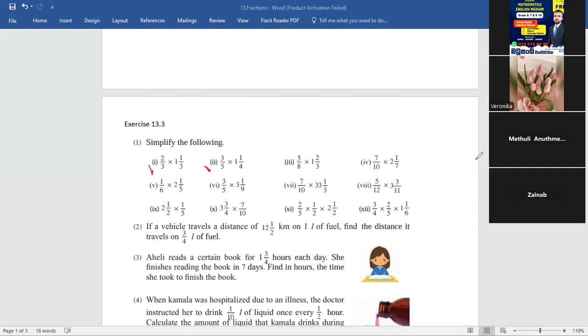Nice. I told you guys to find common factors in the numerator and the denominator before obtaining the final answer. After that, but that's not the final answer.